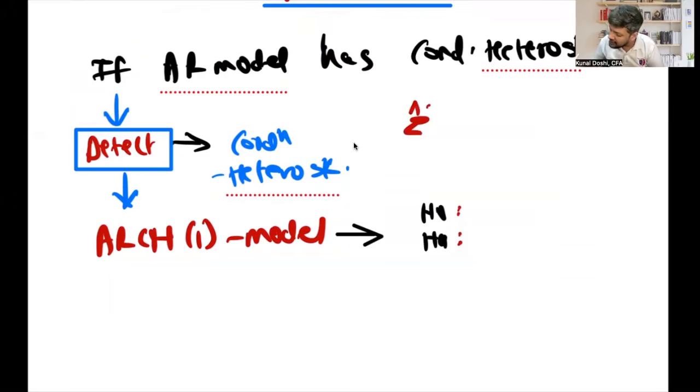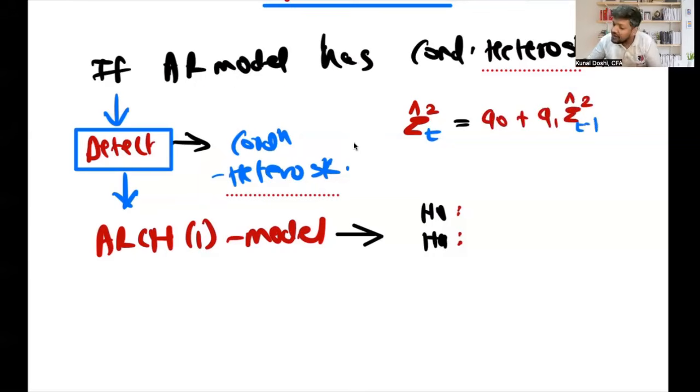So we are predicting the variance of the error at t, which is equal to B0, but instead of B0 we use the word A0, plus A1 times the error at t minus 1, and instead of saying error again, we use a different term here, mu.